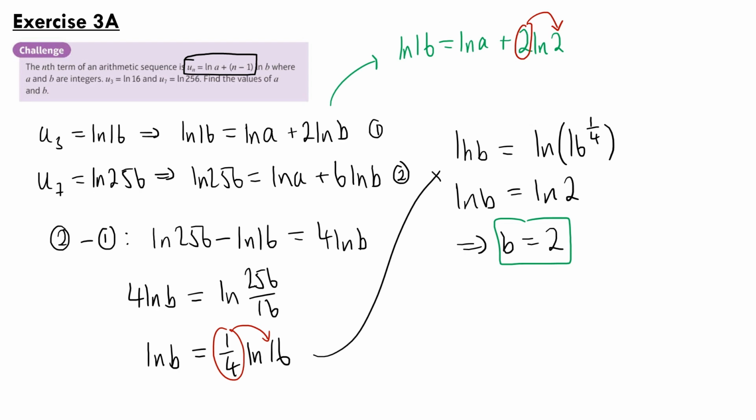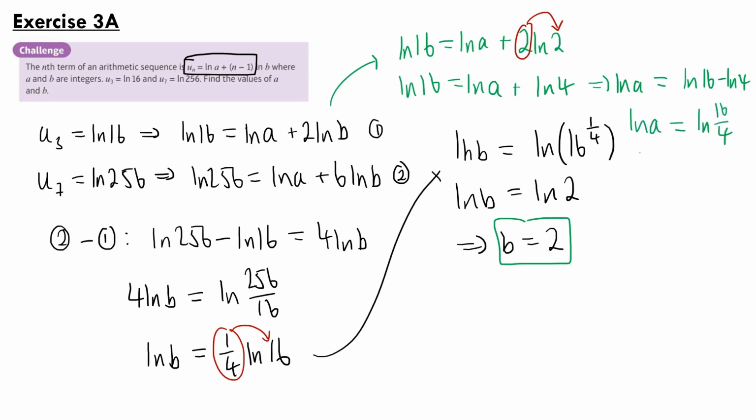So then we have ln of 16 equals ln of a plus ln of 2 squared, which is 4. And then here again we can get ln a by itself, so taking away the ln 4, and using the log rules we have ln of 16 over 4, so ln a equals ln 4, and then we have a equals 4, and those are our values of a and b.